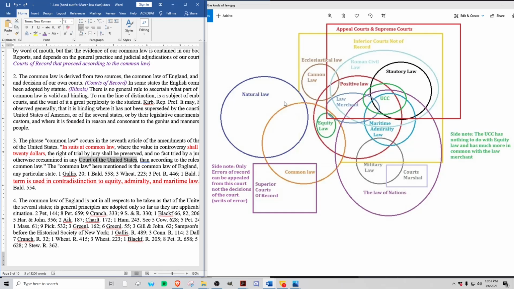In fact, I was going to get into the Erie Railroad decision, but I'll leave that for later. Some people have said the Erie Railroad decision got rid of federal common law. Well, I'd argue that there was never any federal common law, really. Federal from an aspect of what?